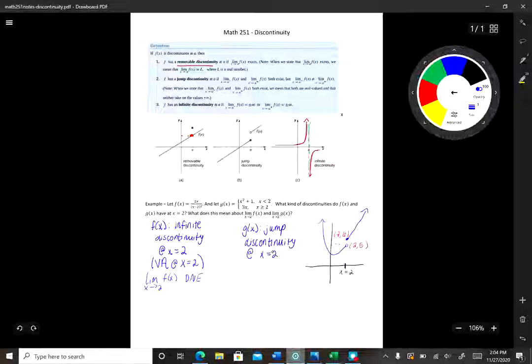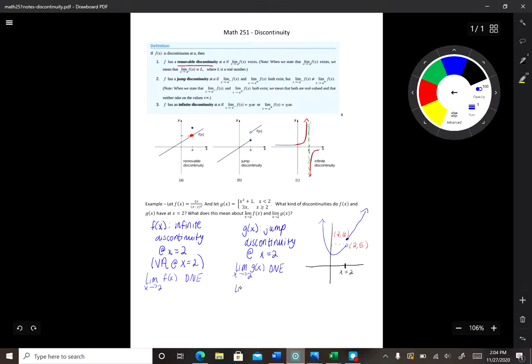And when we have a jump discontinuity, that means that the limit as x goes to 2 of g of x does not exist. But we do have separate right and left-sided limits at x equals 2, right?